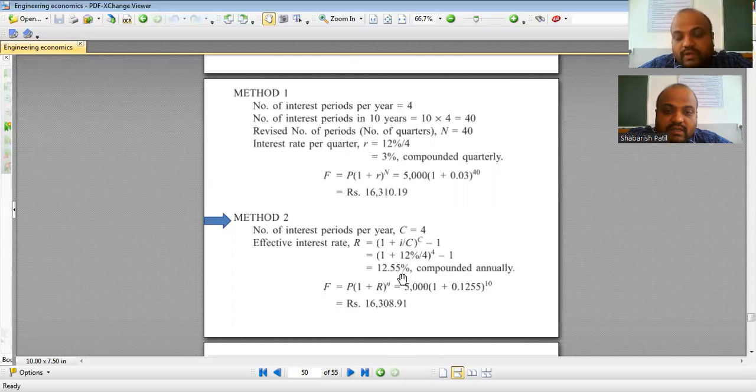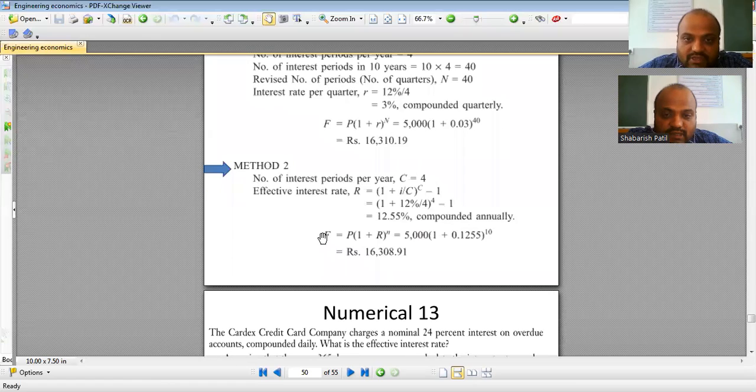It is equal to 12.55%, which is compounded annually. In that case, your future value will be P into (1 plus effective interest) raised to N. Now N is 10 for 10 years. So substitute them, then you will be getting rupees 16,308.91.